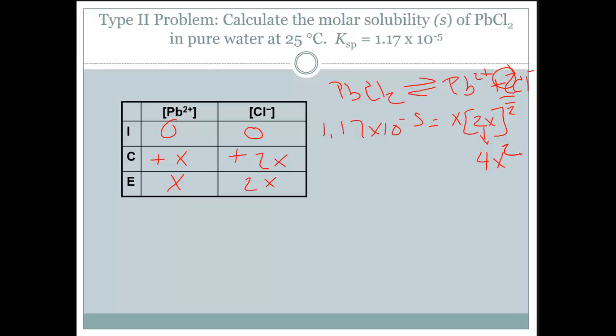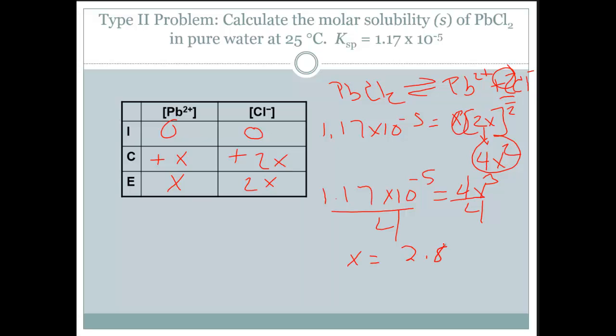So that means 1.17 times 10 to the negative 5 is equal to 4x squared times x, which is 4x cubed. Now we want to look for x. Divide both sides by 4 and then take the cube root. We get 1.43 times 10 to the negative 2.